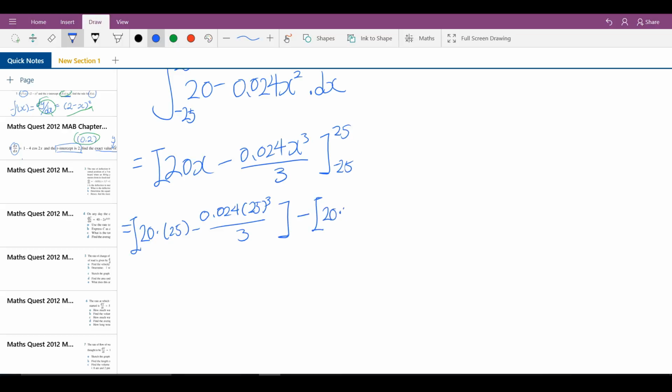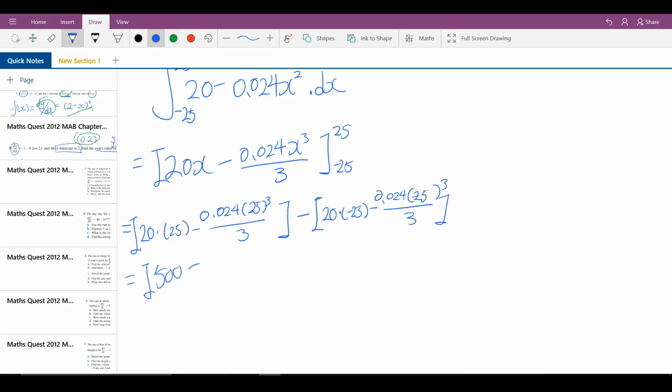And then minus the rest of it. So it's 20 multiplied by -25 minus 0.024 times -25 cubed over 3. Let's solve this side first. 20 times 25 is 500 minus 0.024 times 25 to the power of 3.